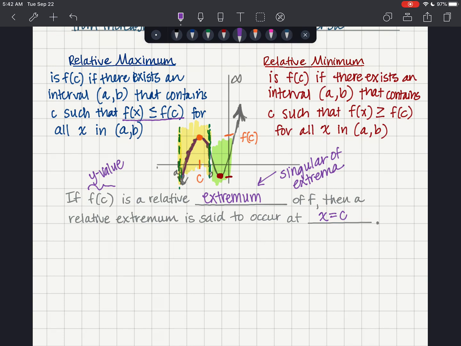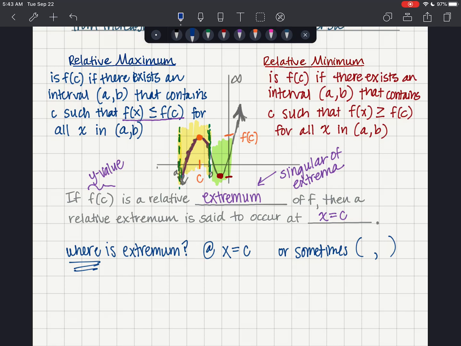So where is the extremum? Your answer would be at x equals c, or sometimes, let me put sometimes. This part's really important here because you may not know how to answer the question. If it says where, then you're talking about the x value at which it occurs, or sometimes they give the entire ordered pair. Usually they'll say the location in that case though.